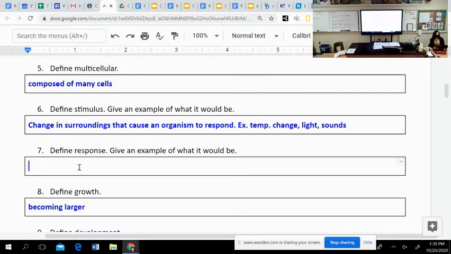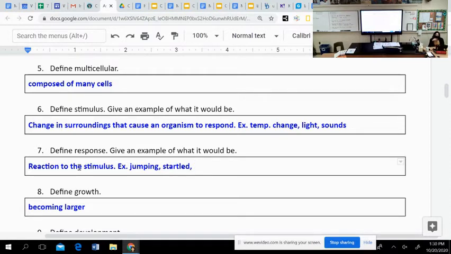Then the response is that reaction to the change, or the reaction to the stimulus, which, in Allie, your example, that'd be like jumping or getting startled, okay? Maybe like sweating if it gets really hot, that's a response.